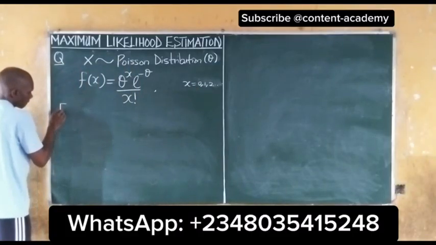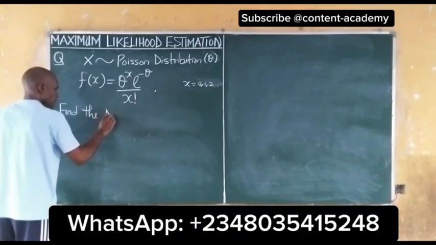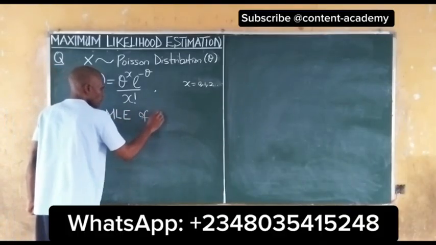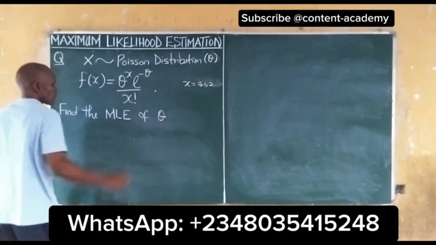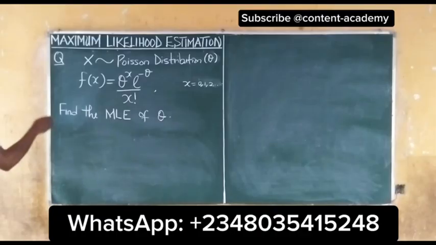So find the maximum likelihood estimator of theta. So we have to find the maximum likelihood estimator of theta given the Poisson distribution.